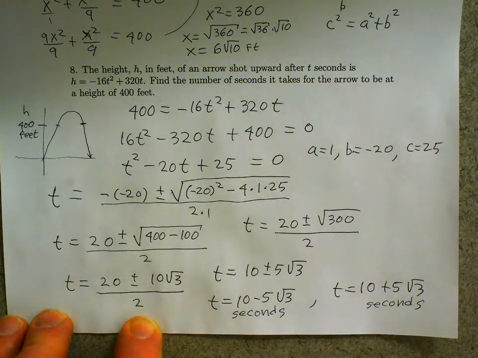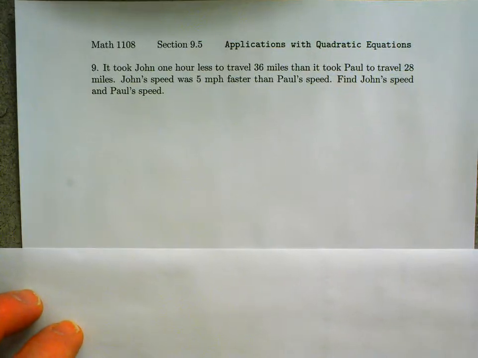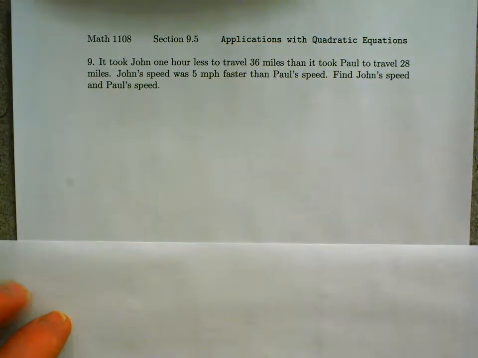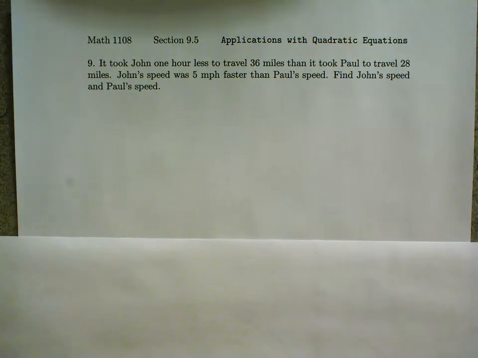Okay, I do have 2 more problems. So on extra paper, you can write down this first problem. This one says it took John 1 hour less to travel 36 miles than it took Paul to travel 28 miles.